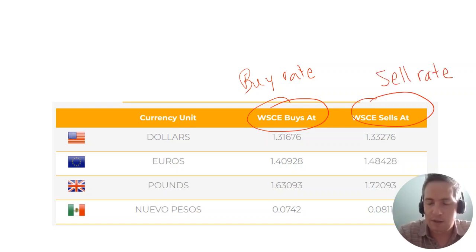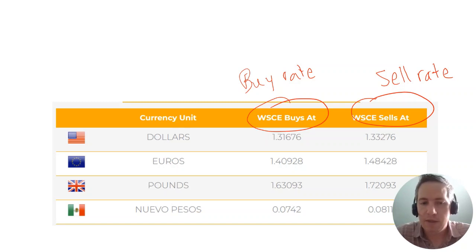Now you want to think about it like this. The money that you have in your pocket, your US dollars, is not currency in a different country like Canada. So when you go to Canada, your US dollars are not currency there. It still has value, and that value allows Canada to buy your money.